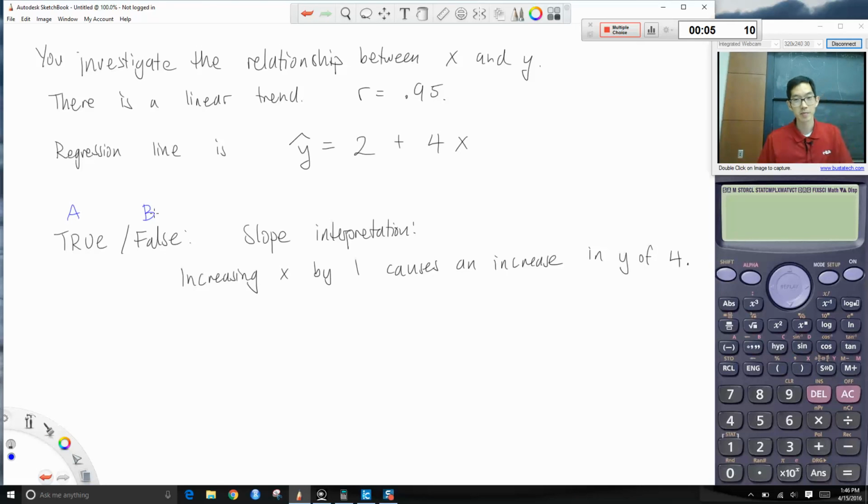Or, I don't know, an increase of 4 in y, maybe that in terms of word syntax makes more sense, but causes an increase of 4 in y. Okay.